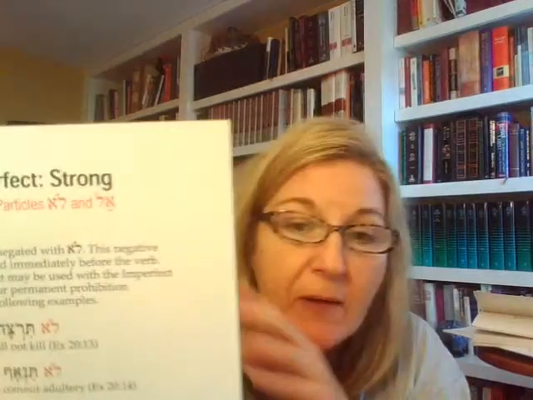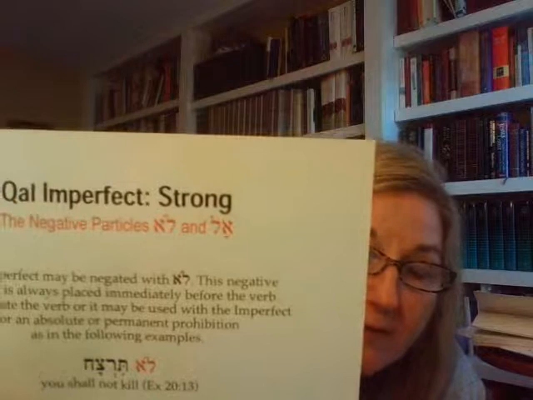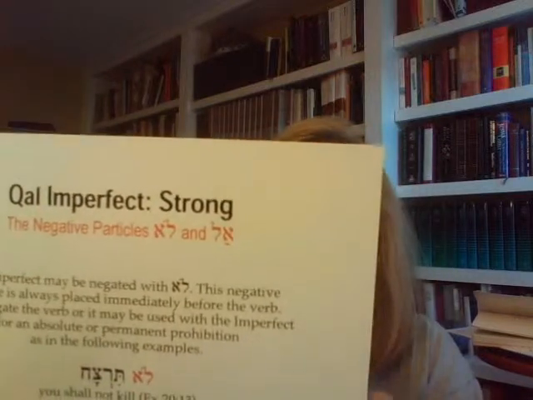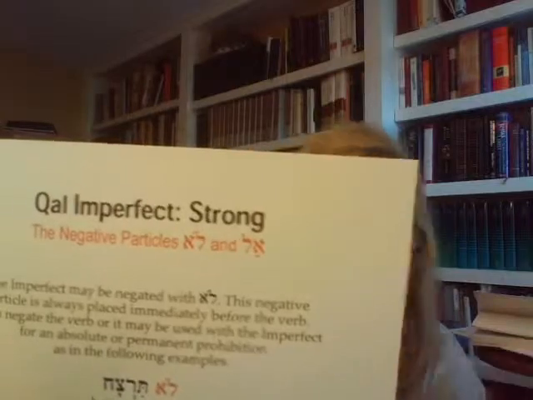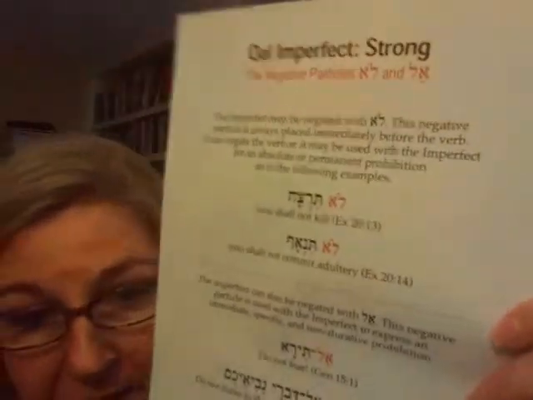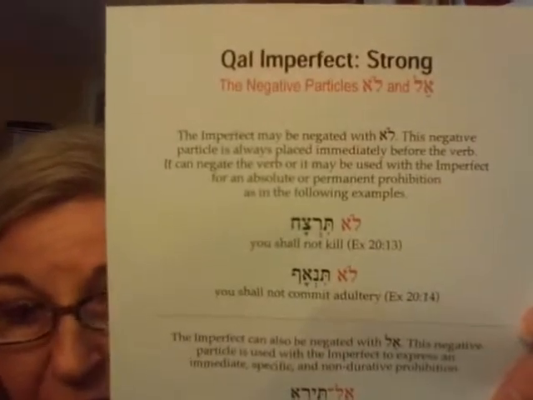Now, another thing you're going to begin to run into is the negative particles, lo and al. Up at the top, the imperfect can be negated with lo.